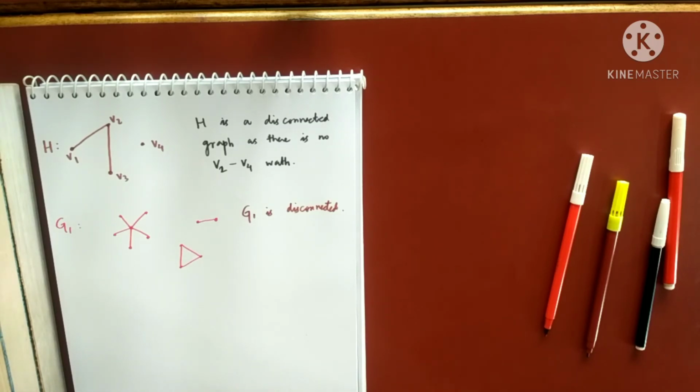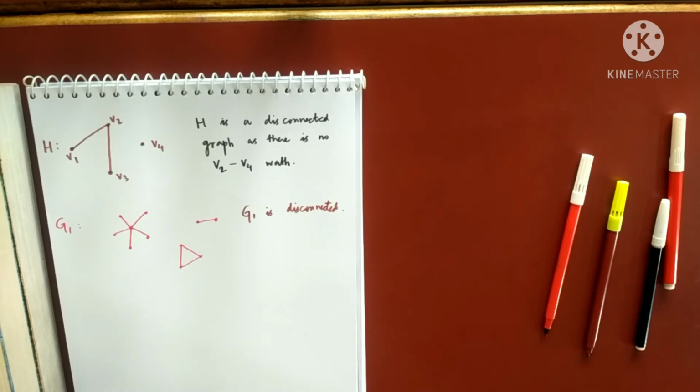Now you see, determining whether a graph is connected is not that easy. If I have a small number of vertices, you can easily see whether the graph is connected or disconnected.